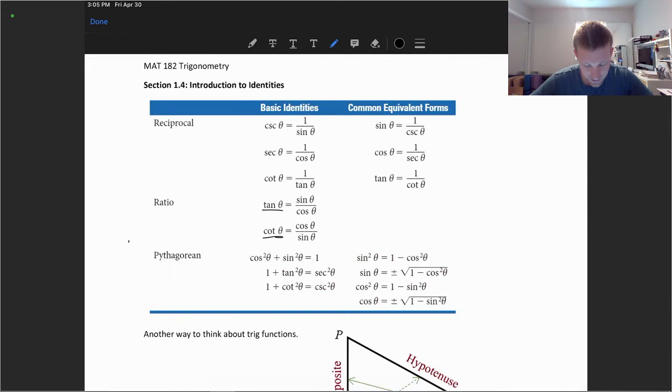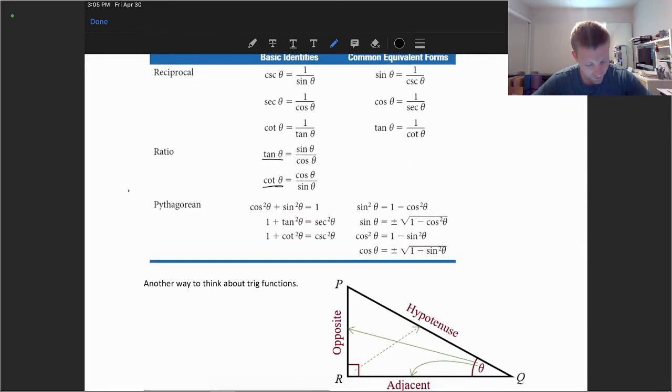A couple new identities that we can look at are the Pythagorean theorem identities. One of those representations is cosine squared theta plus sine squared theta equals 1.